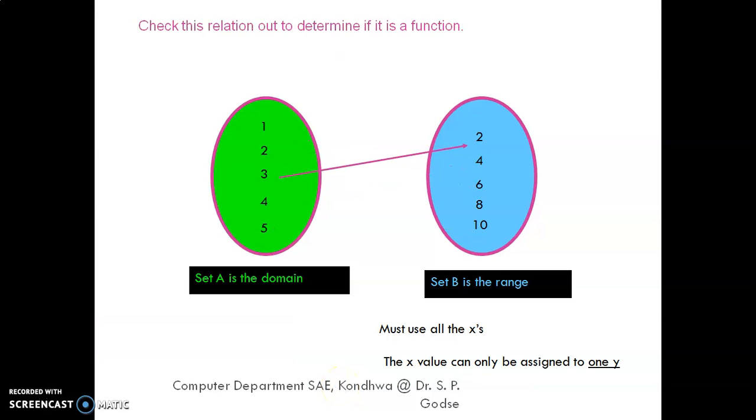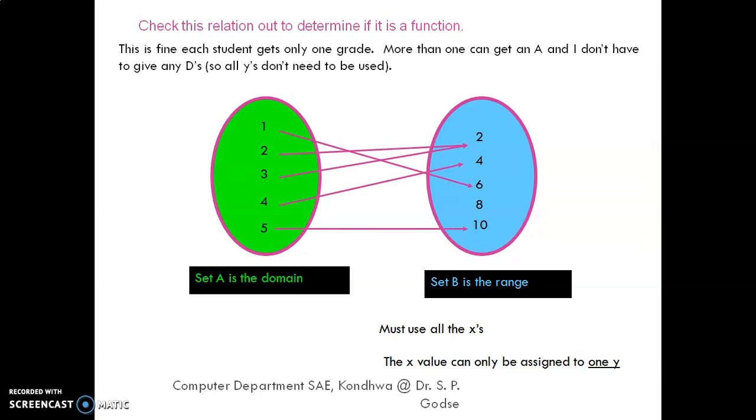Next, check this relation out to determine if it is a function or not. 1 is assigned to 6, 3 is assigned to 2, 4 is assigned to 4, 2 is assigned to 2, 5 is assigned to 10. This is a function because every x is assigned. Each student gets only one grade; these are the grades and these are the student roll numbers.